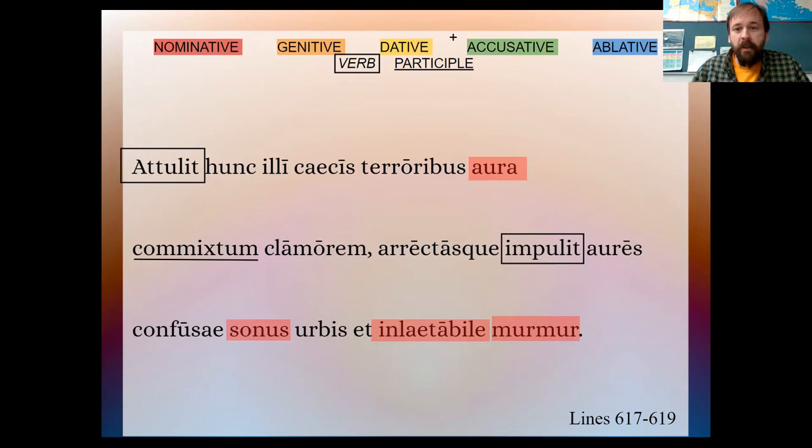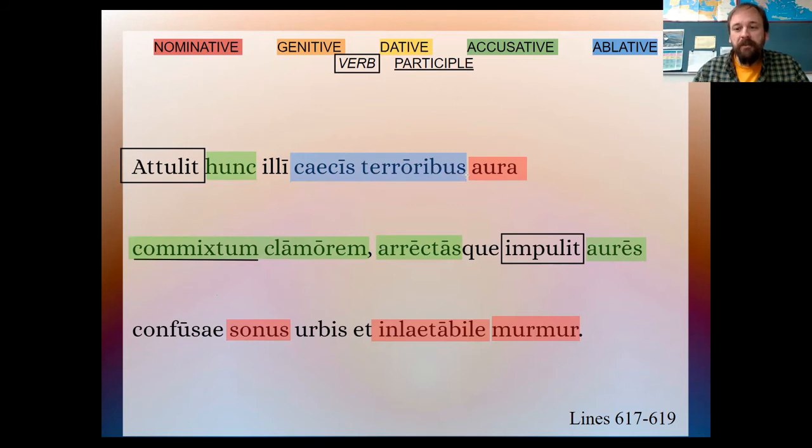Next thing we do is look for accusatives. Hunc. That's an accusative. Commixtum and clamorum. Rectas. Aures, or ears. Confusae urbis. Nope. That's it. Next most common thing are ablatives. Illi. Oh, caecis terroribus. They could be datives.